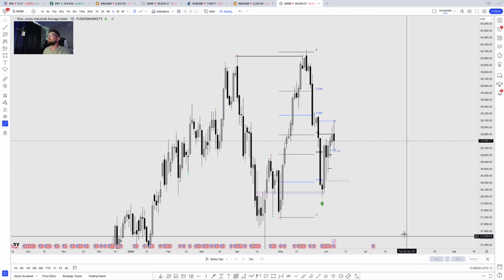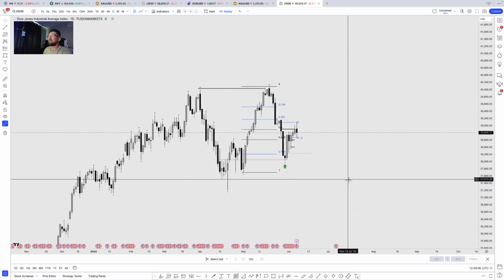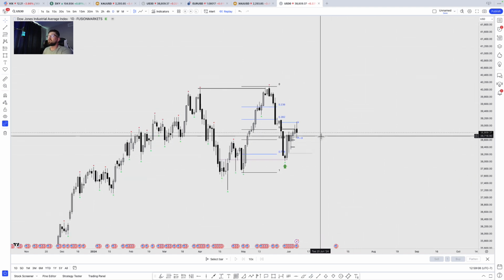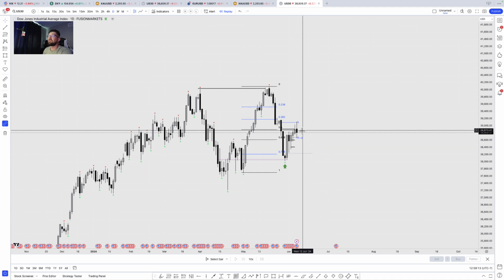And when I say deeper, I would say we won't truly know until FOMC gets released. But depending how FOMC and CPI comes out, it'll set the tone.